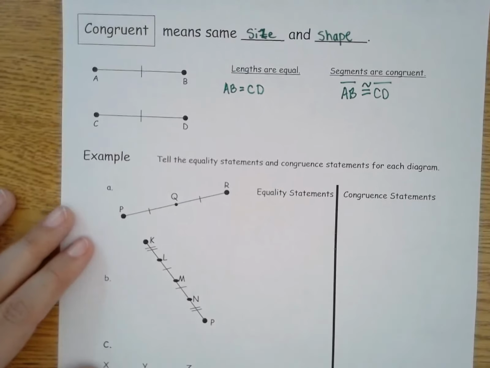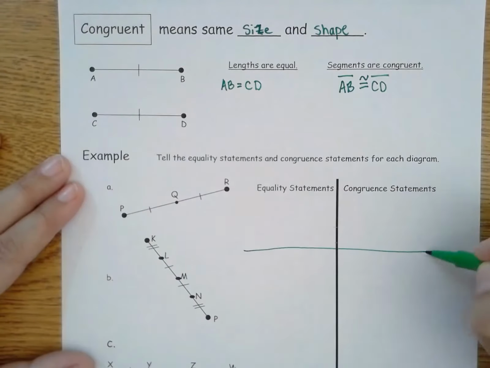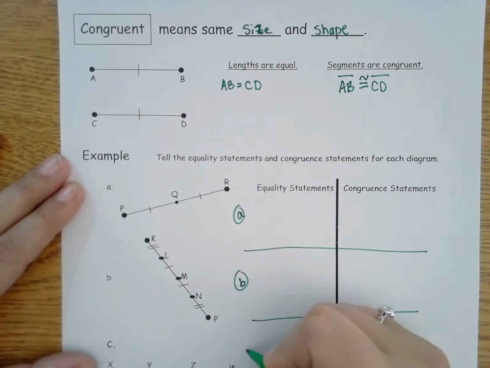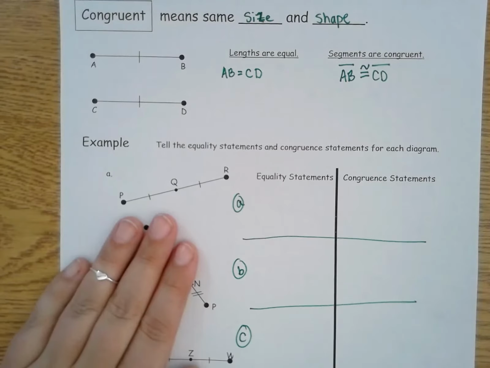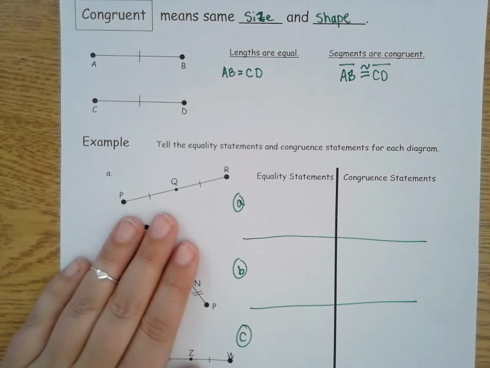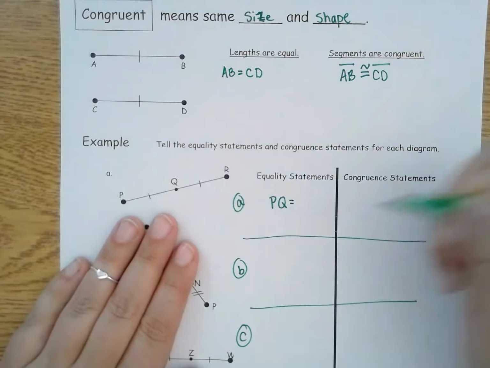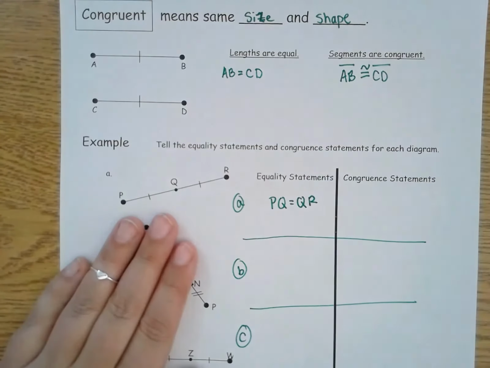For example, on this figure here, I'm just going to go ahead and give myself some definition. This is for figures A, B, and C. On figure A, what equality statement could I make? PQ equals QR. The length of PQ is equal to the length of QR.